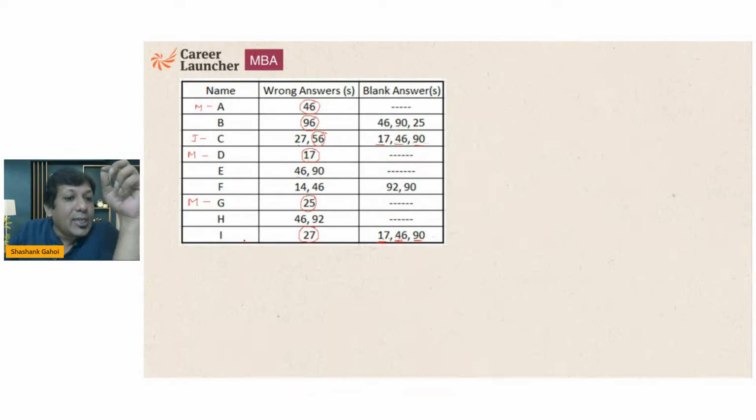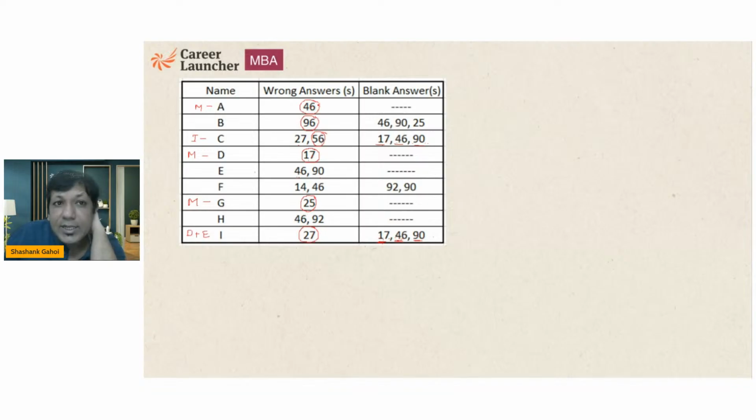So if I is receiving answer key from both E and D, then answers will be mismatched for question number 17, question number 46, and question number 90. So I is going to leave all three answers. I is going to leave question number 17, 46, and 90 blank. So I must be getting the answer key from D as well as E. This is what I can conclude from here.